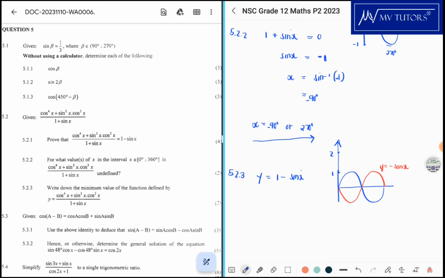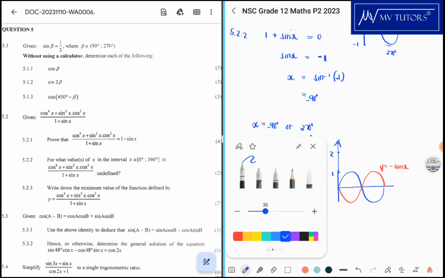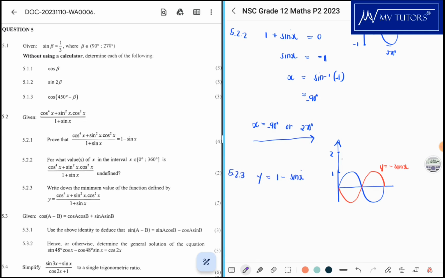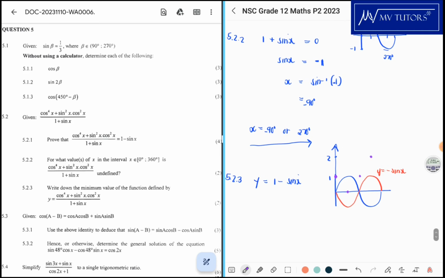Okay, and so how would that graph look? Let's use a different color. So I'm starting from 1, then going all the way to 0, and then again back to 1, and then at 2, and then back at 1. Okay, so now my graph looks like that when it is 1 minus sine x.